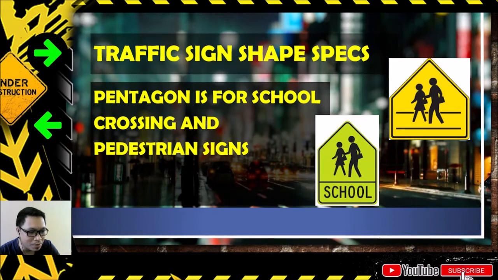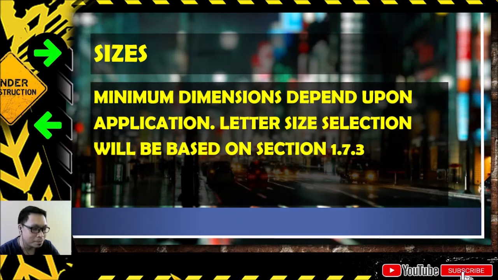Then we have the pentagon for school and crossing and other pedestrian signs. This pentagon shape serves as a warning sign. These signs are also used for regulatory signs, but the shape of that one is not a pentagon, it is a circle. Anyway, we will discuss that later on.